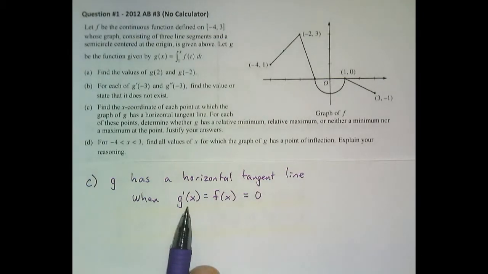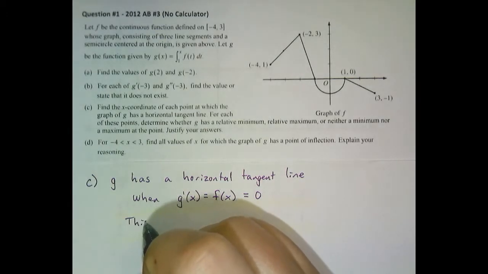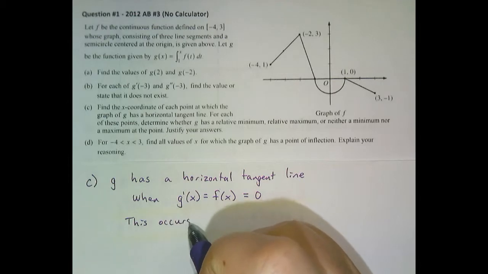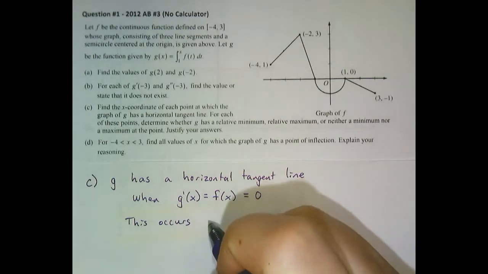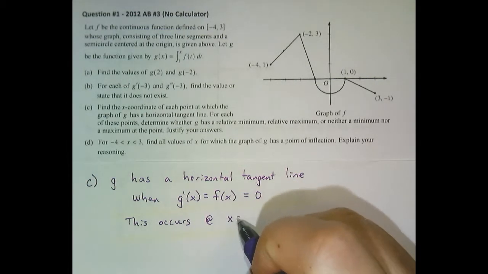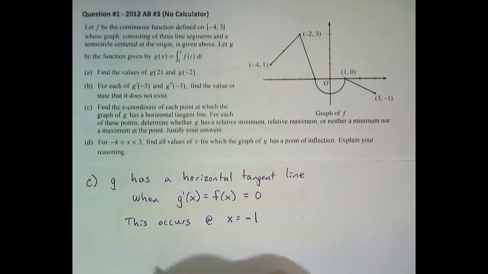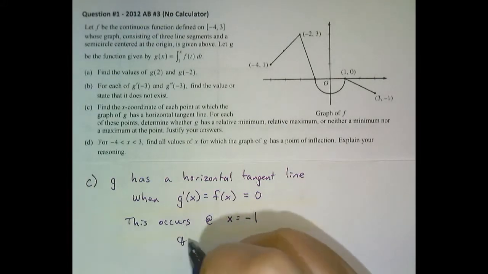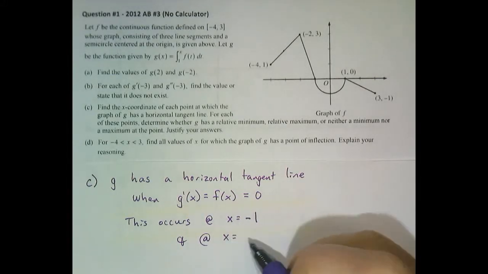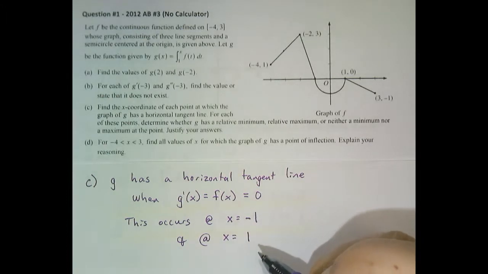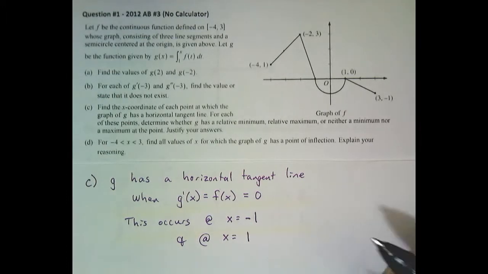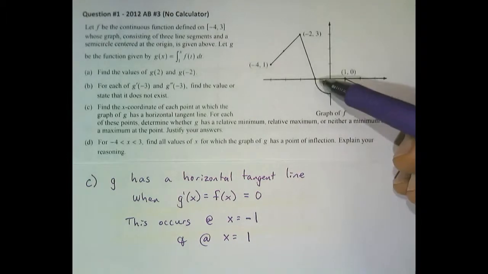And remember, G prime is the same thing as f. So this occurs at two locations. It occurs at x equals -1 and at x equals +1.